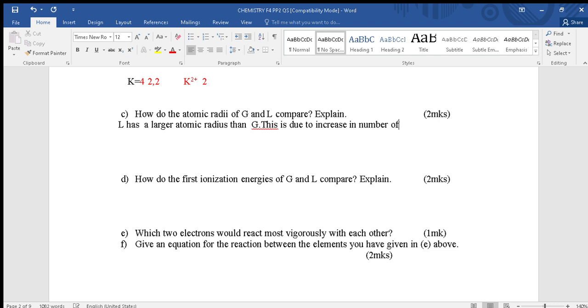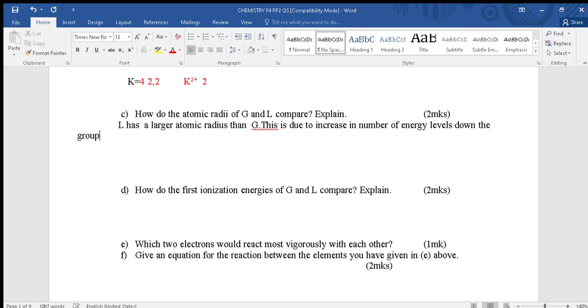Number of energy levels down the group. That is very important. So once you do that, learners, I'm going to highlight this so that you can also see it very well. So this is now going to be our answer for this particular question.